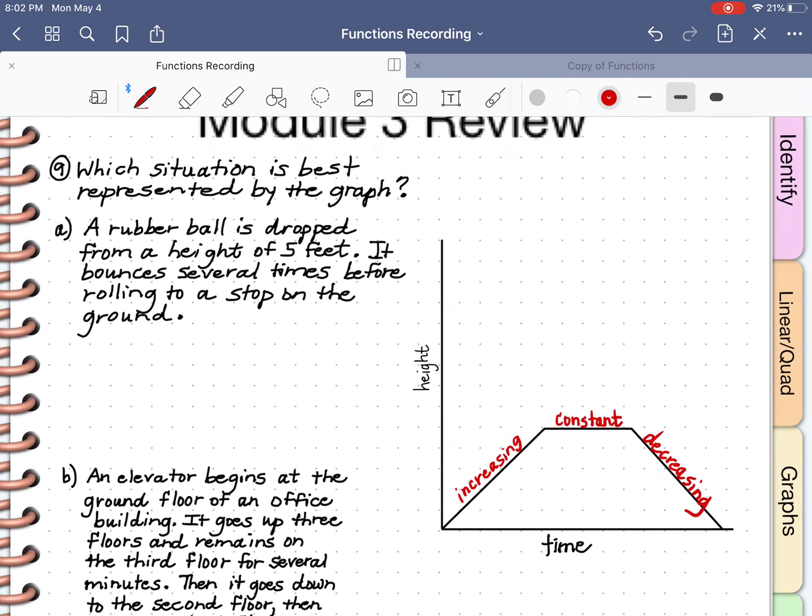All right, so A says a rubber ball is dropped from a height of 5 feet. It bounces several times before rolling to a stop on the ground. So somebody's here at 5, they drop this ball, it's going to fall, and it bounces several times before rolling to a stop. That is not what this picture is showing me.